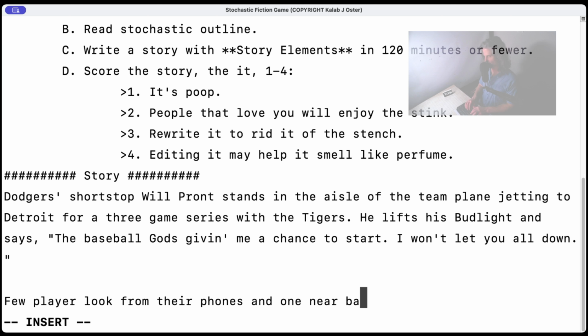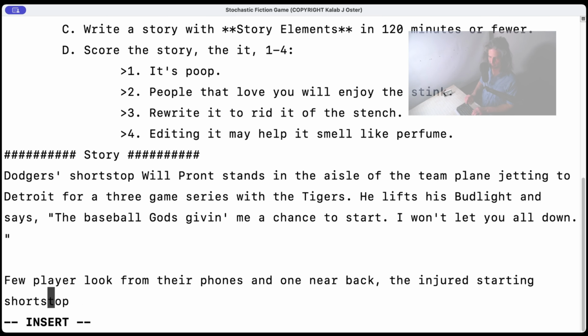And one near the back, the injured shortstop. I mean, the chance of everyone having some sort of standard boring American name in baseball is very unlikely, because that's cool.